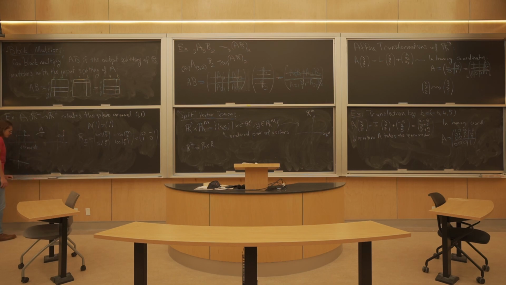Now I can rotate things, which does what I want. This is just a linear transformation, because it is around the origin. And then I can translate it back. Okay?